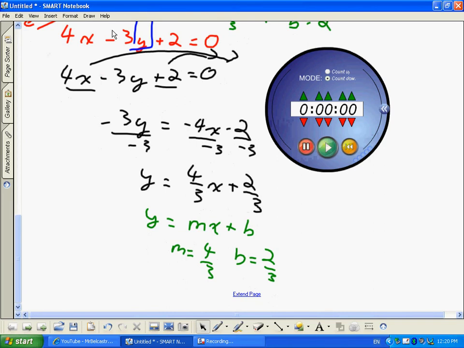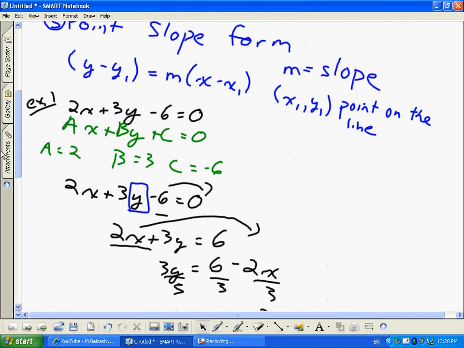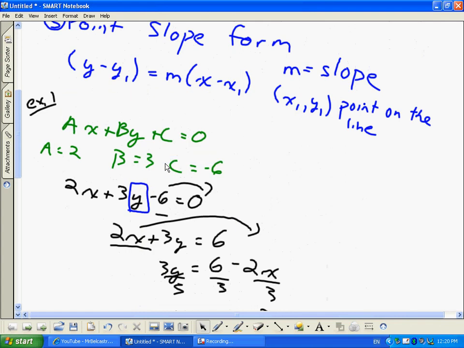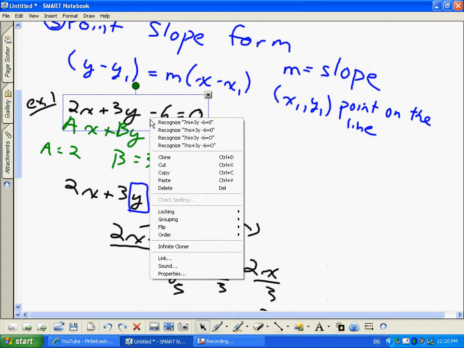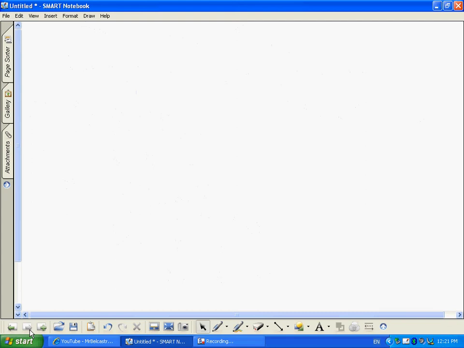So we found the slope and the y-intercept of our original line. So we're going to go back up to our original line. That was this one here. Okay, so that was our original line. We already found the slope, the y-intercept.